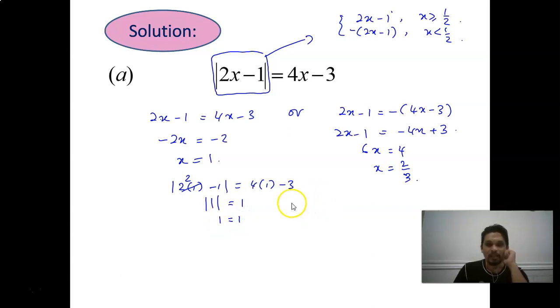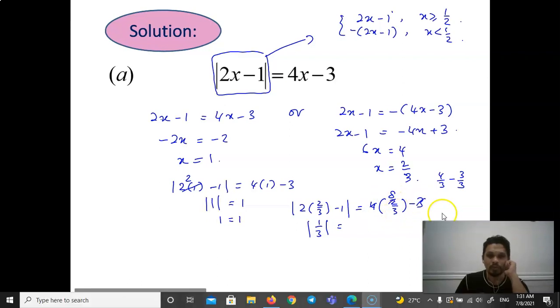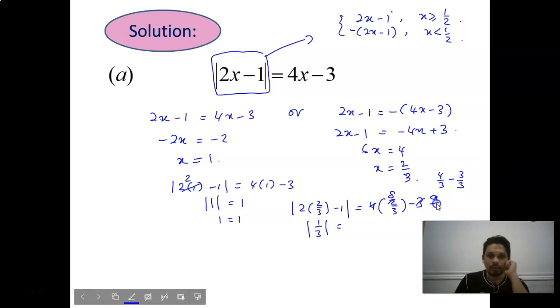And then the modulus of 2 times 2 over 3 minus 1 equal to 4 times 2 over 3 minus 3. 2 times 2 equals 4, 4 over 3 minus 1, or 3 over 3. 4 minus 3 equals 1 over 3, equal to 4 times 2 equals 8, 8 over 3 minus 9 over 3.